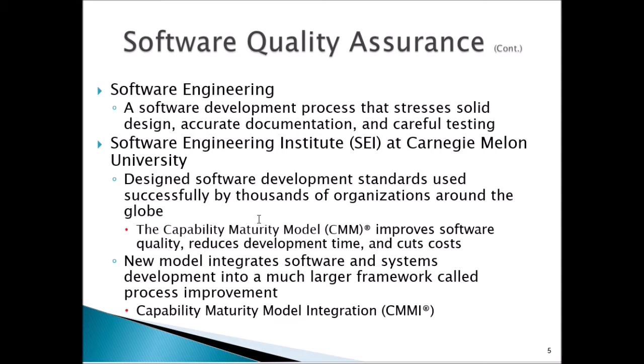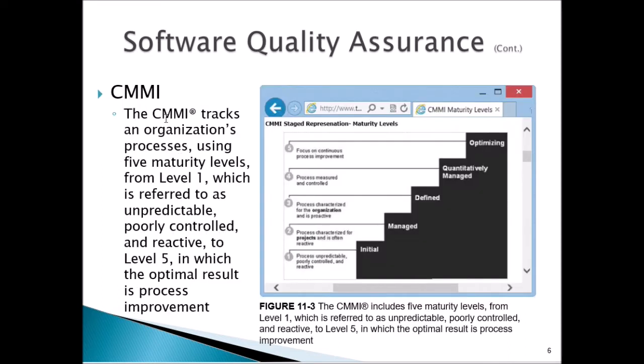A new model integrates software and systems development into a much larger framework called process improvement, and that is known as the Capability Maturity Model Integration, or CMMI. We'll be going through that a little bit more later on. And here is CMMI. So these are the 5 different levels of maturity that can be discussed and managed through CMMI.